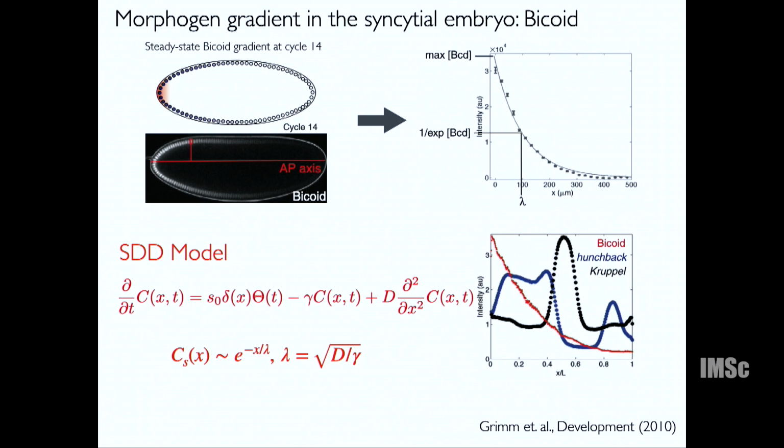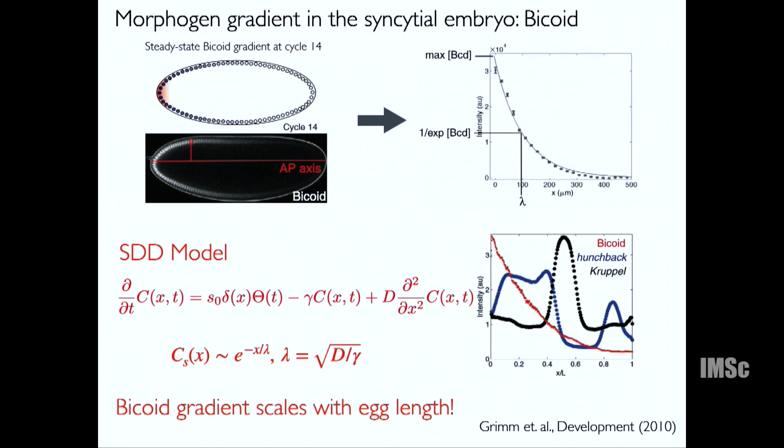The interesting thing is that this length scale actually scales with the embryo length. In bigger embryos, the length scale is also bigger. But in this model, there is no way to scale this length scale. So this is an interesting question: this model is not sufficient.